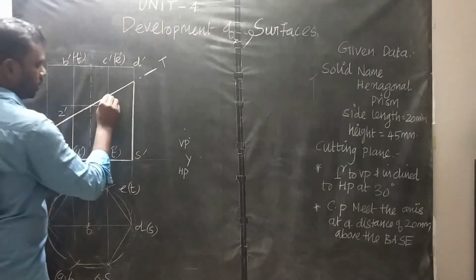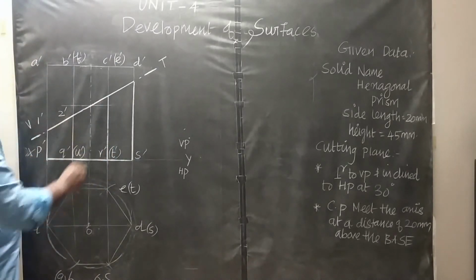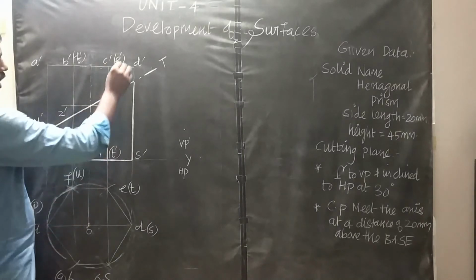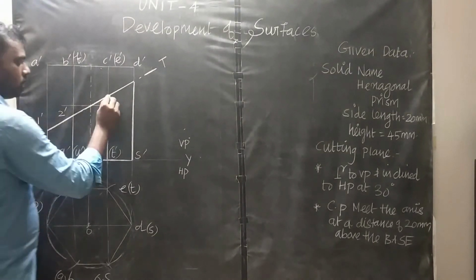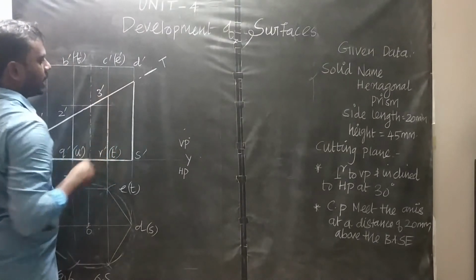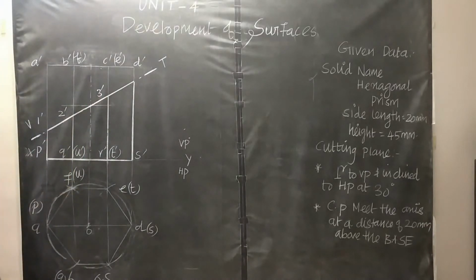Then here we have 2 lateral edges: C dash and R dash, and E dash and T dash. Among them, one cutting point is visible, the remaining one is invisible. The visible cutting point is 3 dash, the invisible cutting point will be indicated later.